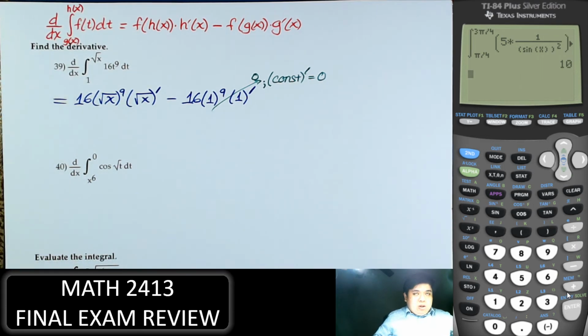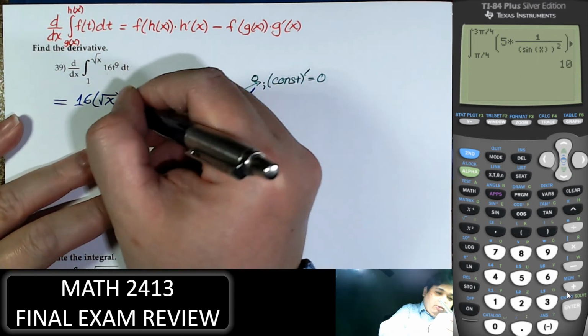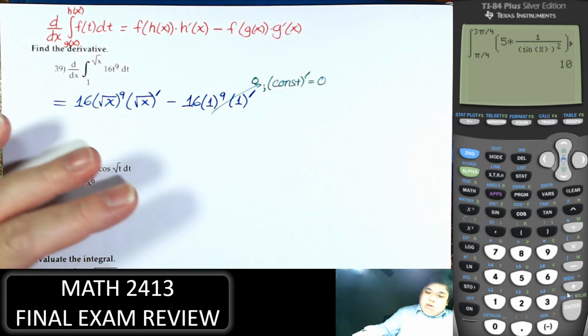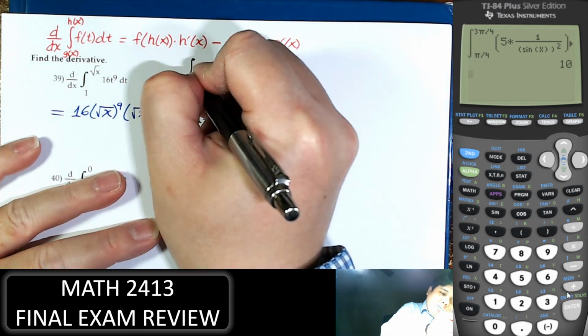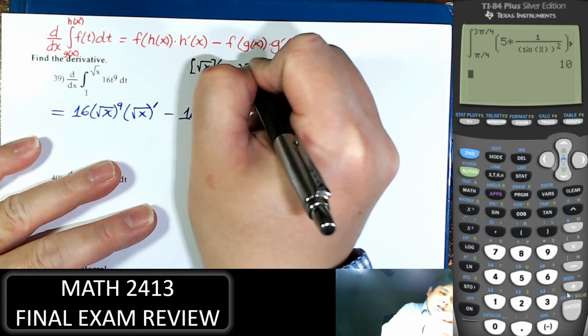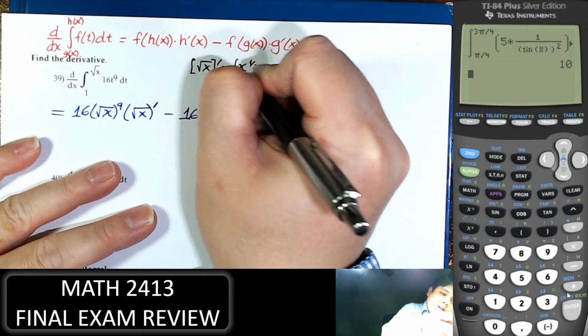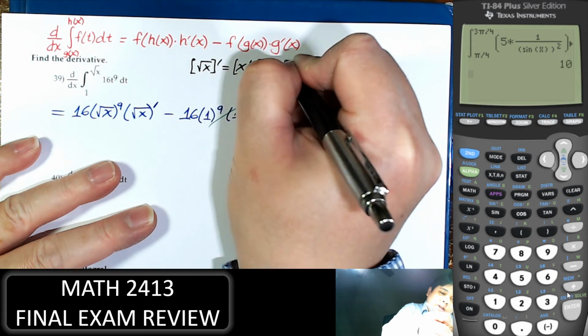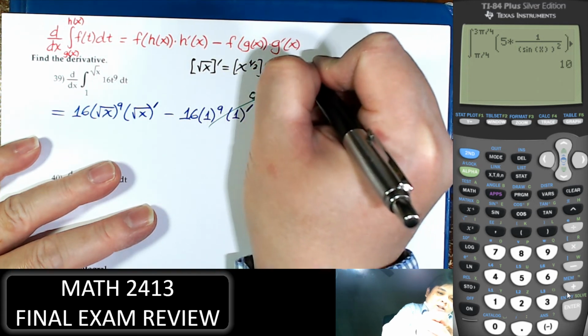The integral of x to the square root of x, so we're just going to write that here, the upper limit, x to the 1/2, and the derivative is 1/2 x to the negative 1/2.